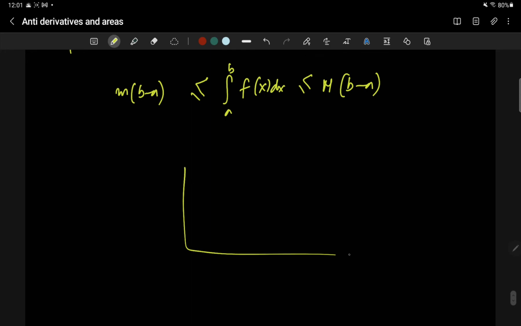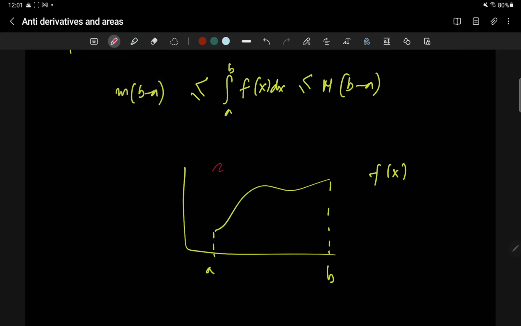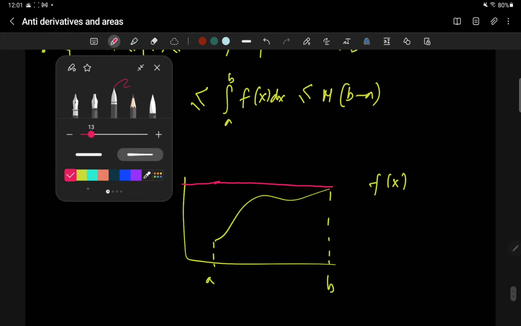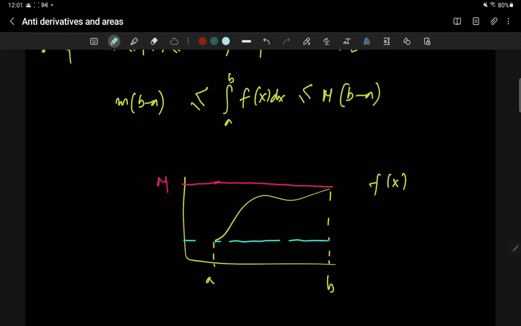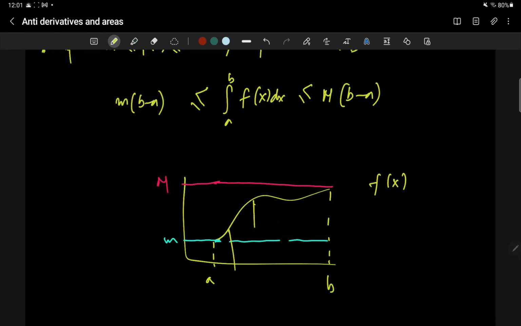If I take a function f of x between the points a and b, and there is some value, capital M, that it is always less than, and there is some value, small m, that is always greater than, then what is true? What is true is that this yellow area will always be larger than this cyan area.